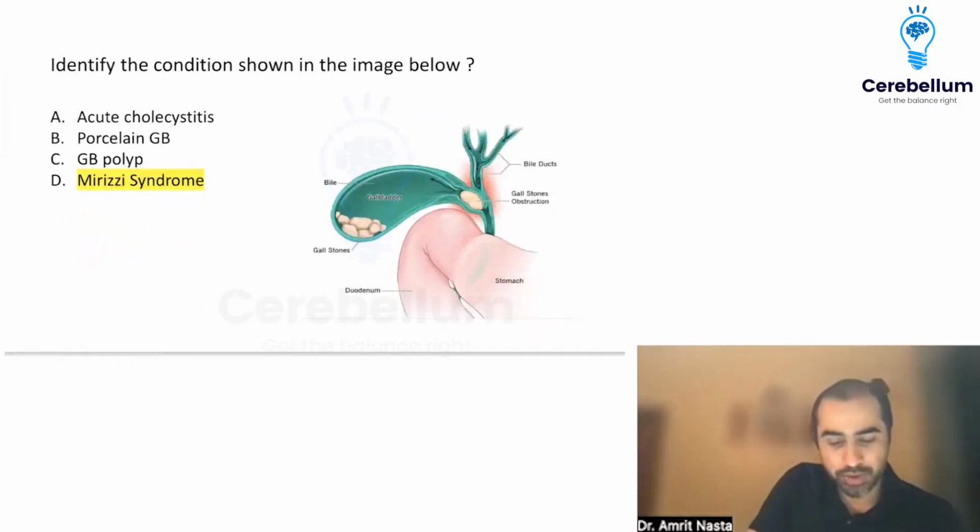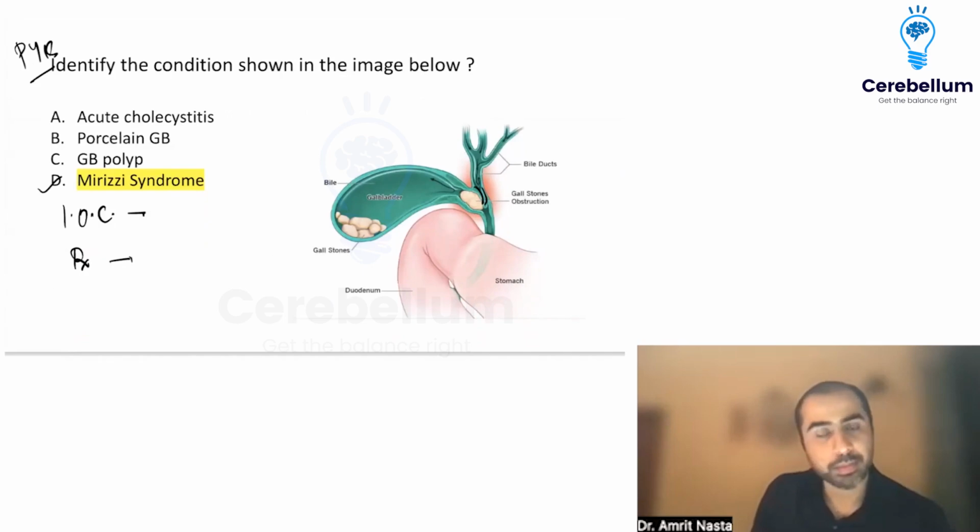This is a PYQ. This has been asked in the FMG exam before. Conditions shown in the image below. There is a stone here which is compressing the common hepatic duct. This is going to be Mirizzi's syndrome. What is the investigation of choice for Mirizzi's syndrome? What is the treatment? ERCP is never going to be the investigation of choice.